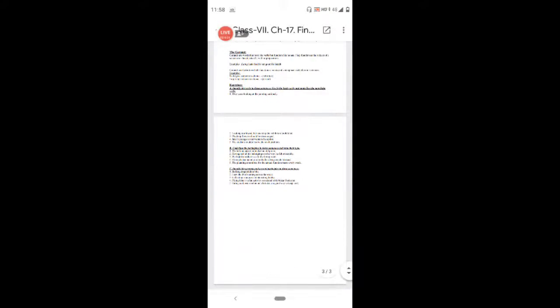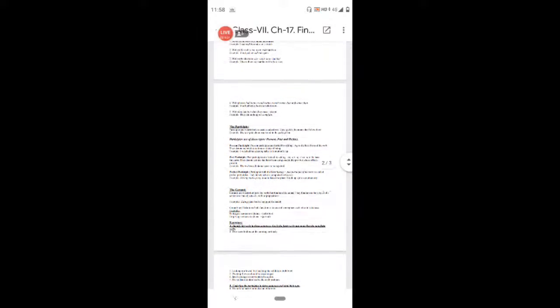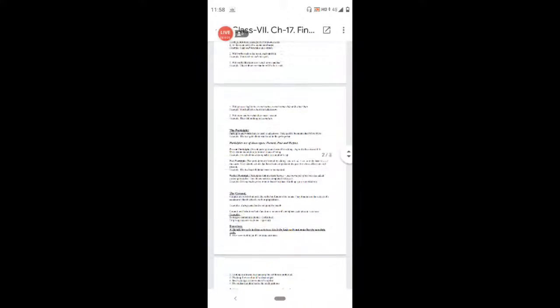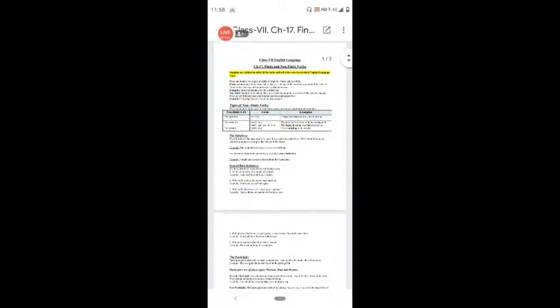After reading the finite and non-finite, underline the participles in the sentences and tell those types. So this we will also be doing. And identify the gerunds and present participles in the sentences. So basically identification and underlining type of very easy sorts of exercise I have given in the lesson.